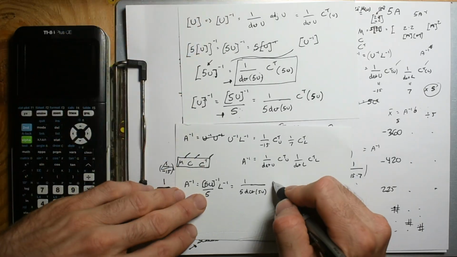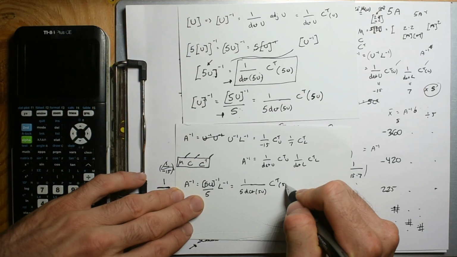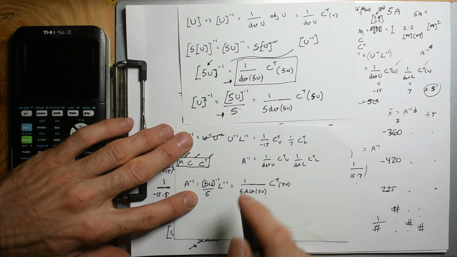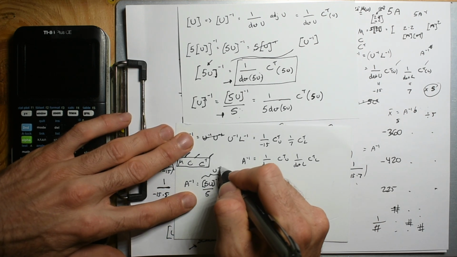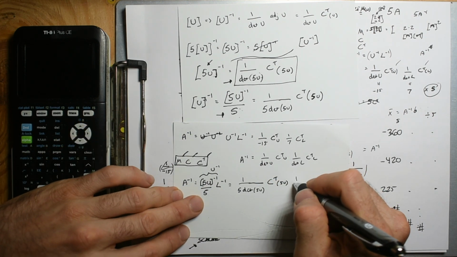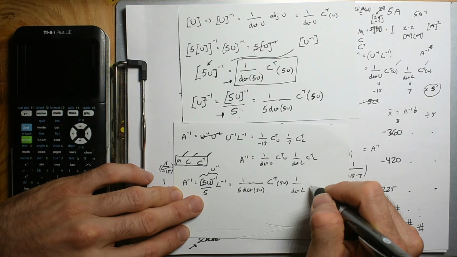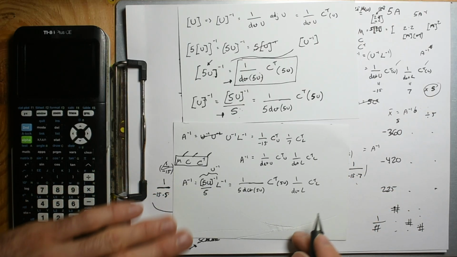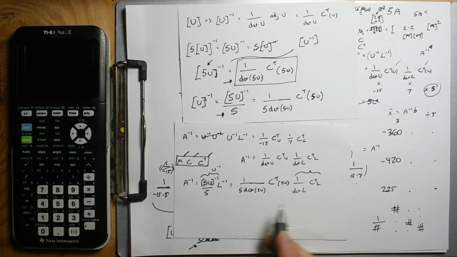That right there is inverse U. And then this is going to be 1 divided by the determinant of L, cofactor transposed L. That's going to be normal, but this was the one that we decided to mess with.